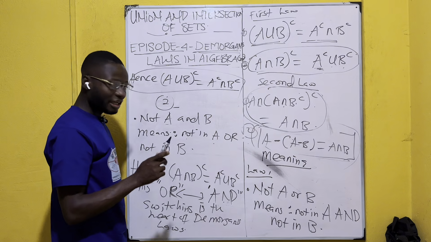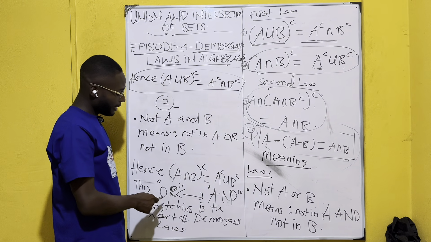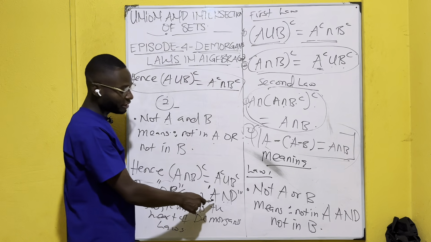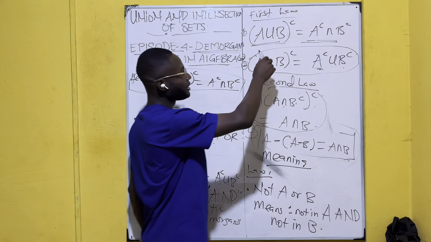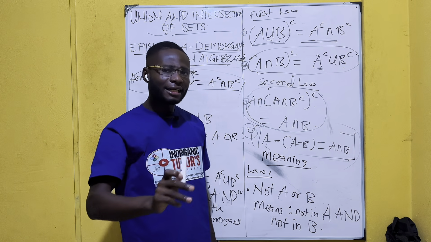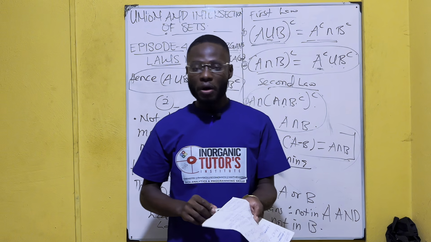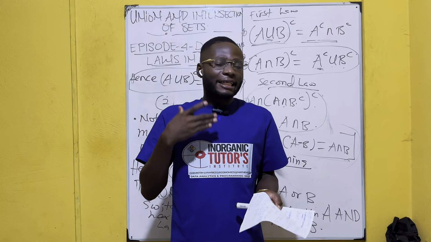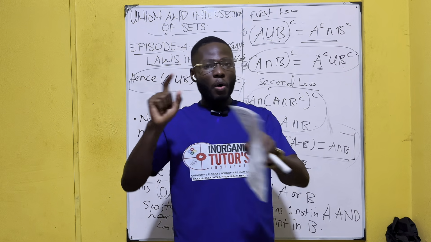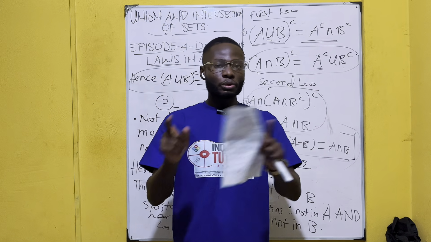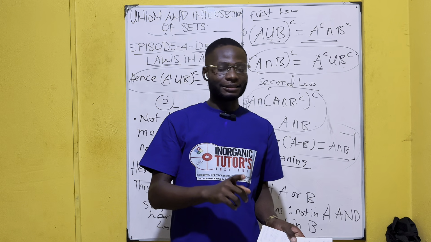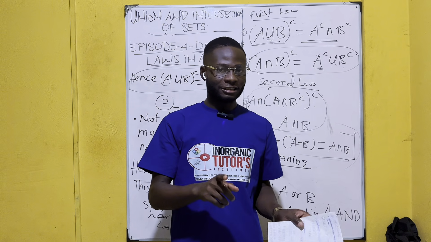So you can basically see that if you see or, it produces and. That is what we are seeing here. Or here is producing and. So it basically tells us that the heart of De Morgan's law is switching of union to intersection. So it deals with or and and.